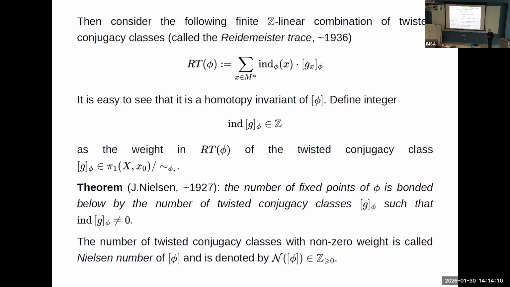And a formal combination of plus and minus is not a twisted conjugacy class. You get some integer coefficients, and these integer coefficients are what Nielsen associated to each conjugacy class, a certain weighted multiplicity.